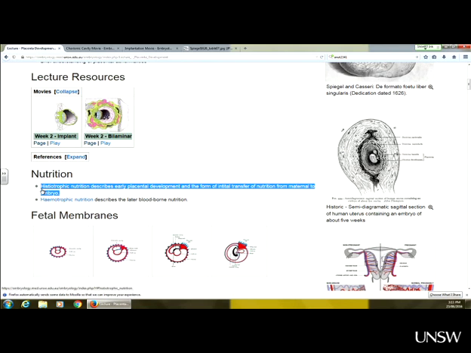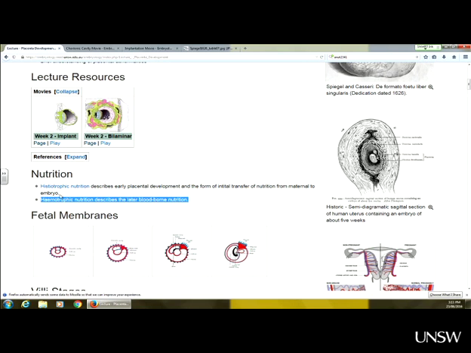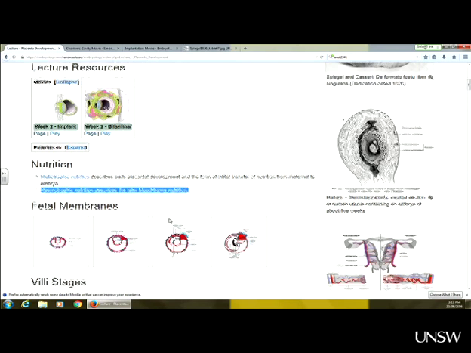Once the placenta is formed and blood vessels are delivering nutrients to the embryo, then we talk about hemotrophic nutrition. That is, nutrition supplied from the blood vessels of the mother. So histotrophic early and then hemotrophic later.